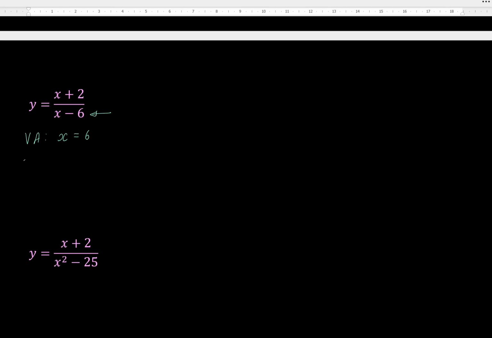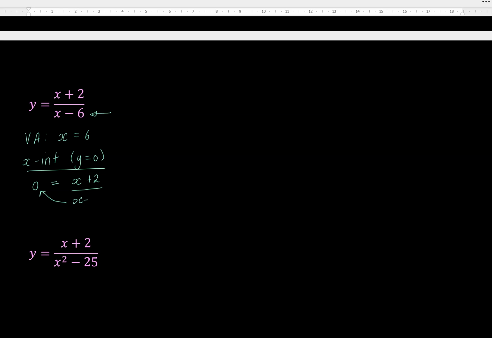How do we find any x-intercepts? Well, things have not changed. To find your x-intercept, you make y equal 0. Gotta love the consistency of maths. If you haven't done this for a little while, you'll probably go, x plus 2 divided by x take 6, how do I get rid of the divide by 6? You have to times up on the other side. But what is 0 times x take 6?